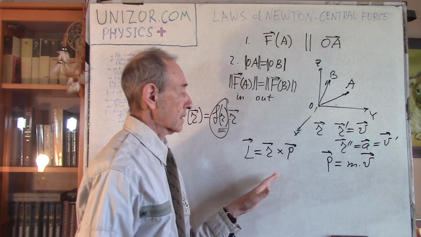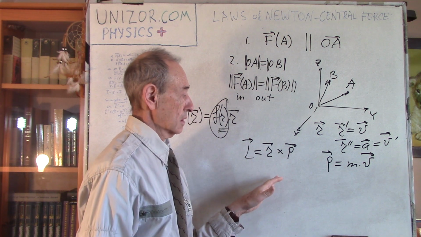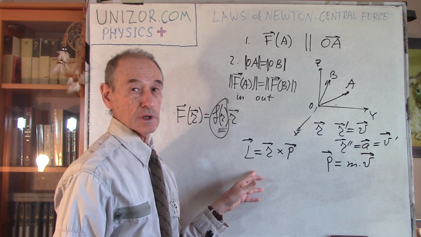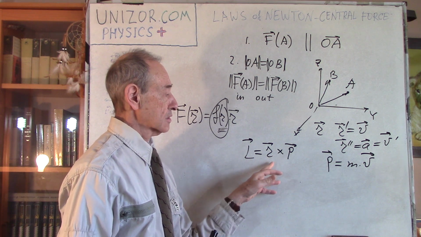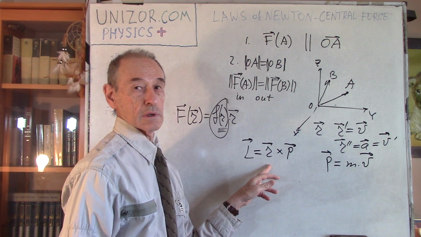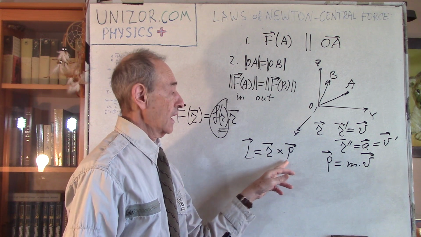So this is the vector form of angular or rotational momentum. So again, two things are involved here. The radius as a vector actually, and the velocity.